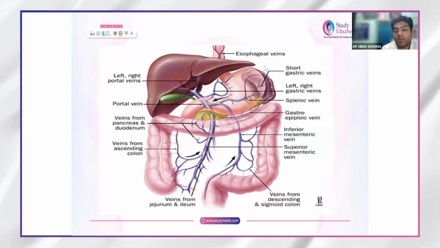Here you can see the location of spleen adjacent to the stomach and pancreas. The pancreatic tail is the pointer marker for splenic localization. Mainly the splenic vein arises and traverses through the splenic hilum. These are the short gastric veins, which are again at the level of splenic hilum.